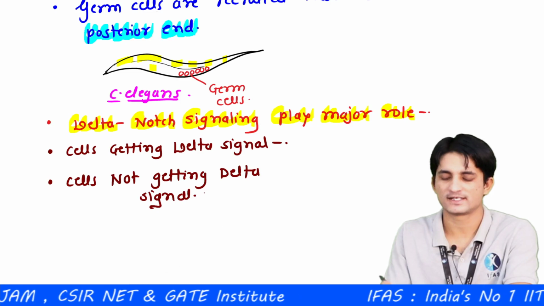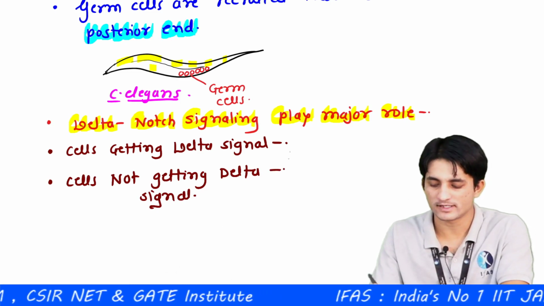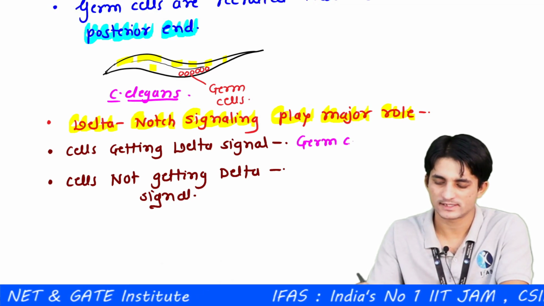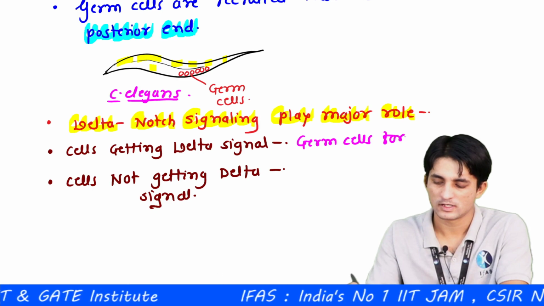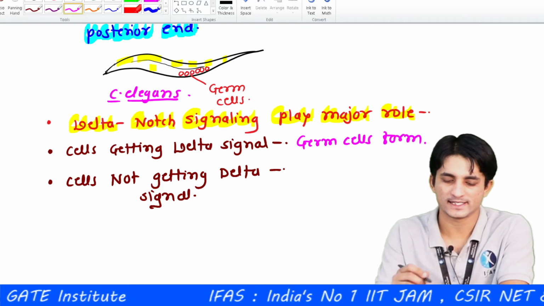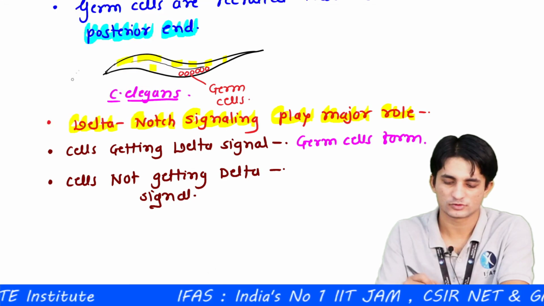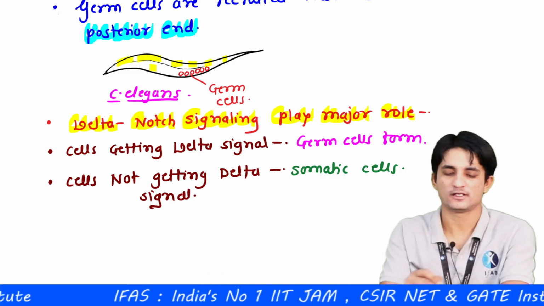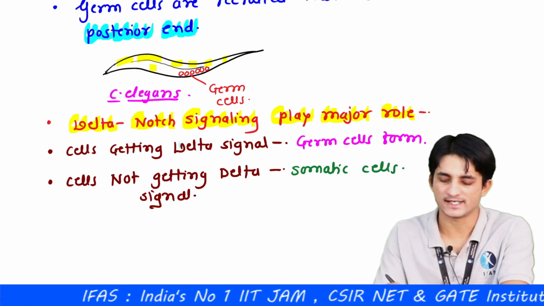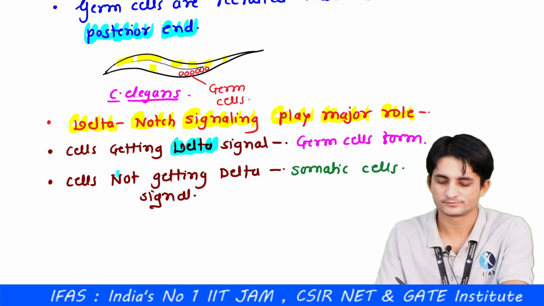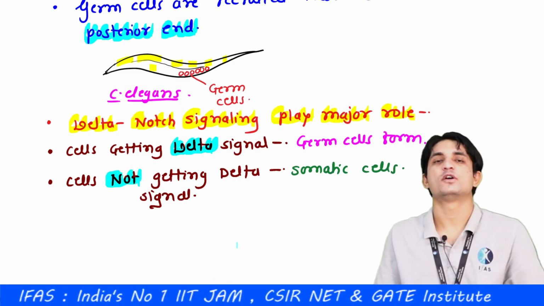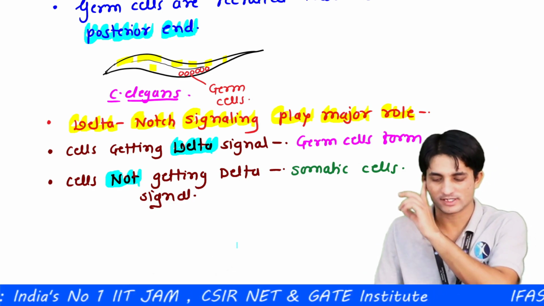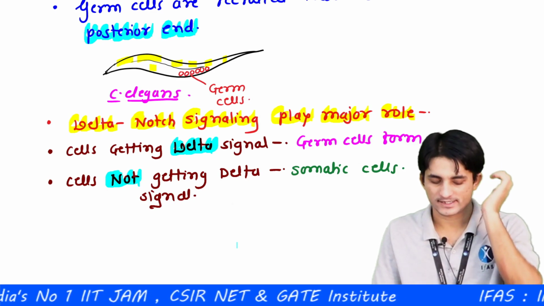Cells getting delta signal convert into the germ cells, so they form germ cells, and the cells not getting delta signal form the somatic cells. So here the delta notch signal decides which cells will form the germ cells or which cells will form the somatoplasm or the somatic cells. So on the basis of delta notch signal, that is decided.